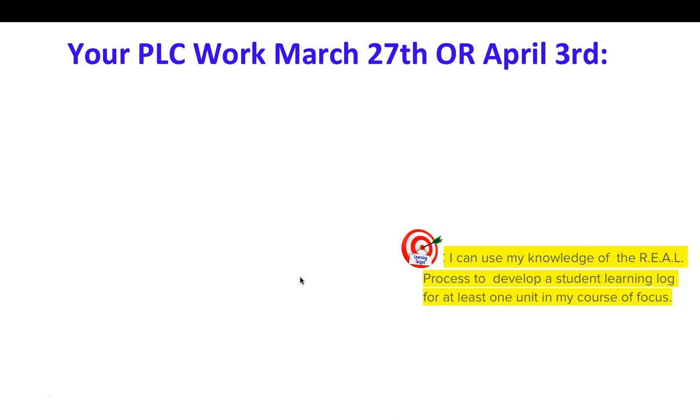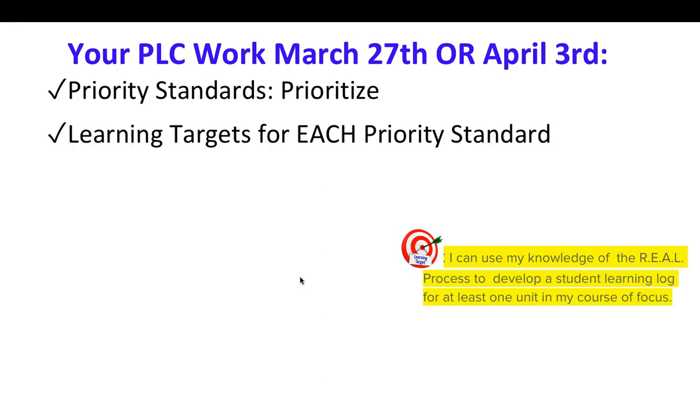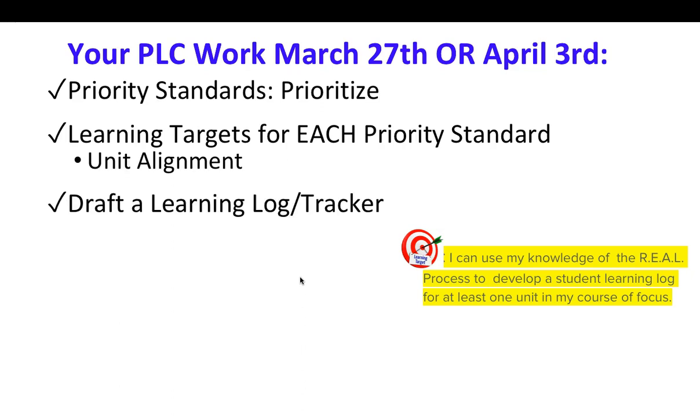So what we want to do, our next steps are in your PLT, either this Thursday, March 27th, or April 3rd. We want you to go through and make sure that you have this work done. So you will receive a checkpoint document that says, where am I in this process of either prioritizing priority standards, developing learning targets for each priority standard, or are we in a process where we're now drafting our learning log or our tracker.